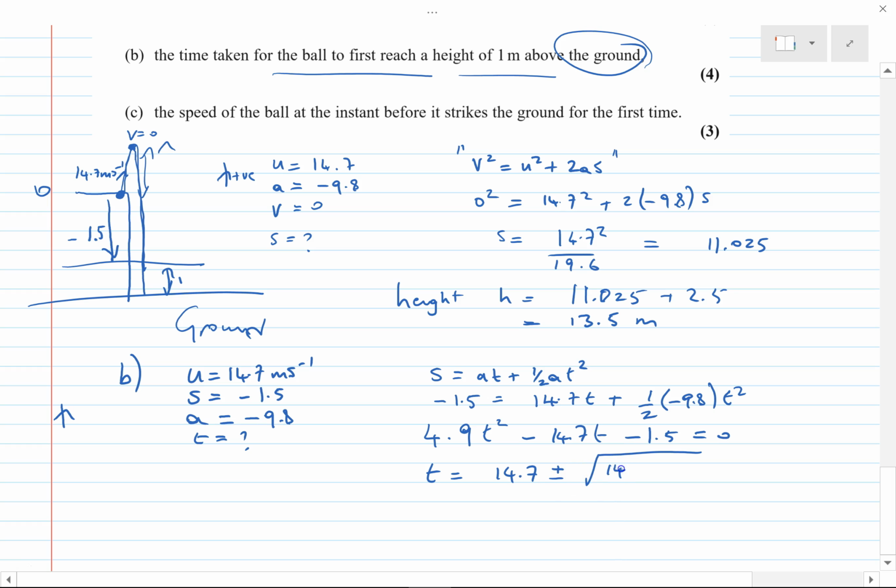That's 14.7 squared minus 4 times 4.9 times minus 1.5, that's b squared minus 4ac, over 9.8, because that's 2 times 4.9. And when we work that out, we get a negative answer, which we can ignore, and we get t is equal to 3.1 seconds.